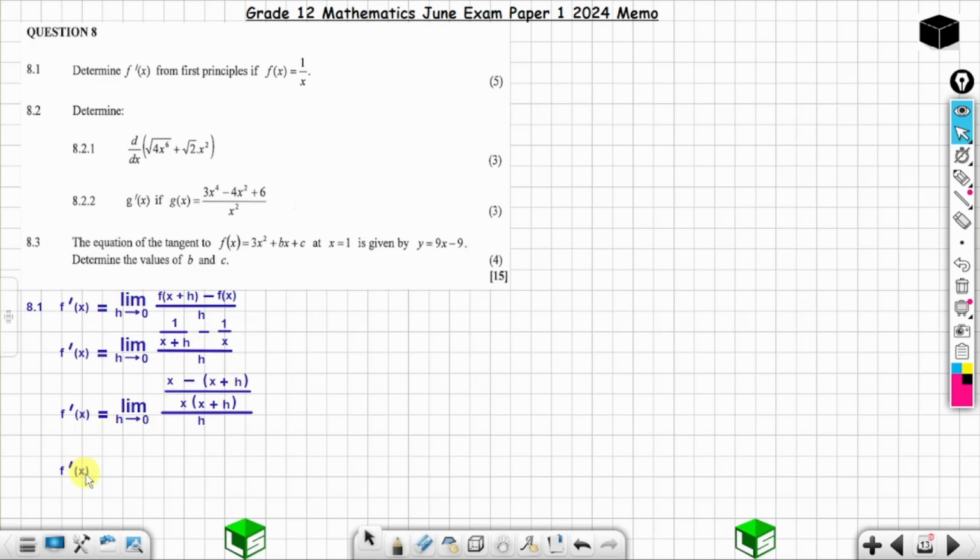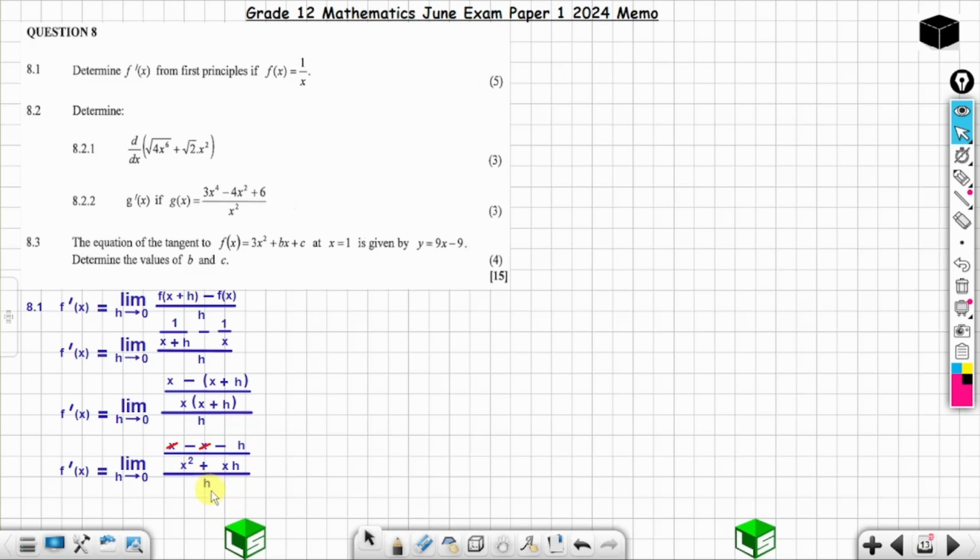We carry on. F prime of x is equal to the limit as h approaches 0. You have x minus x. Okay, minus h over x squared plus xh over h. Okay, you have x minus x. This is 0.